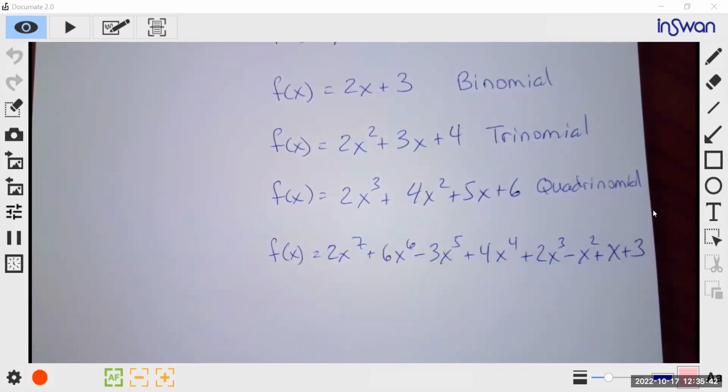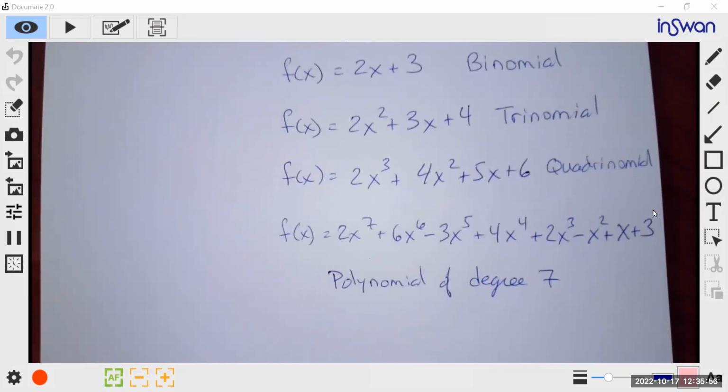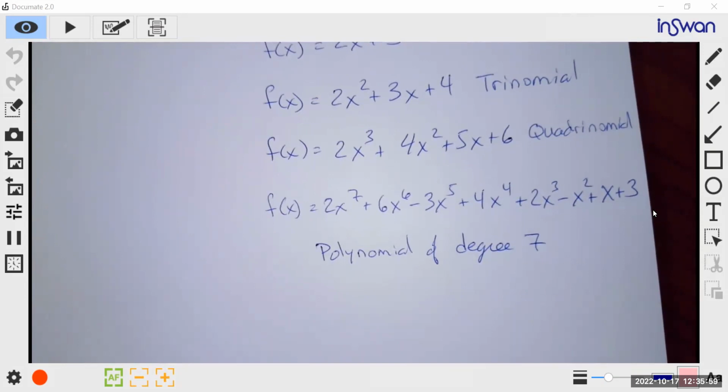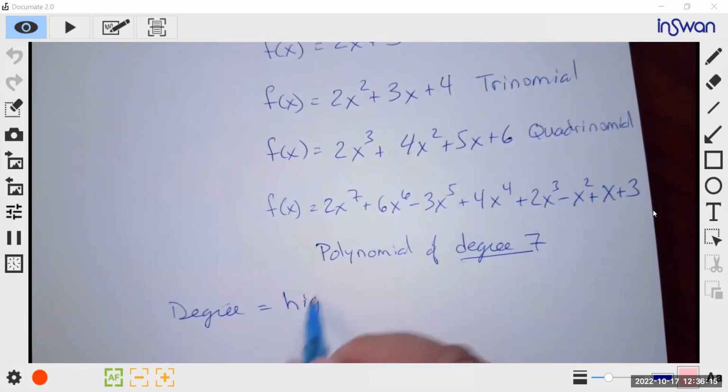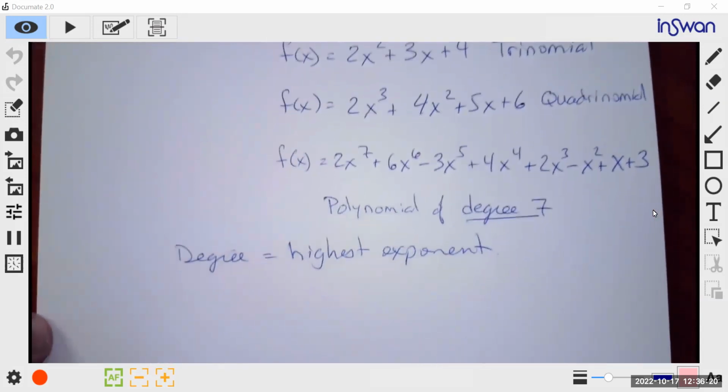It has 8 terms. So we call this polynomial of degree 7. When you see the word degree, that refers to the highest exponent in the equation.